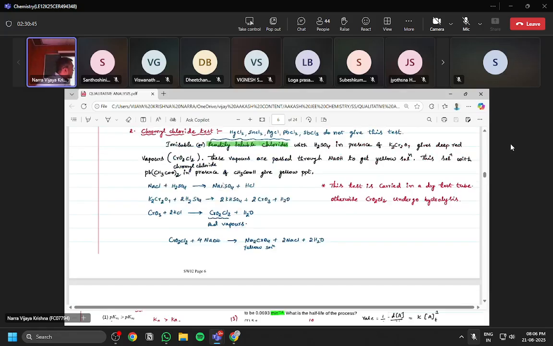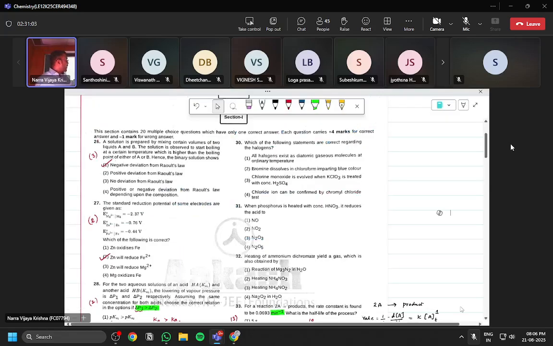While you are doing this test, there should not be any moisture. This test should be carried out in a dry test tube. Otherwise, CrO2Cl2 will undergo hydrolysis, the color fails, and the chromyl chloride test fails. Any questions? Clear now about chromyl chloride? So the answer is option 4. Clear? Come to the next one.